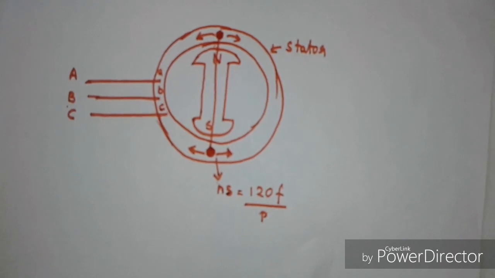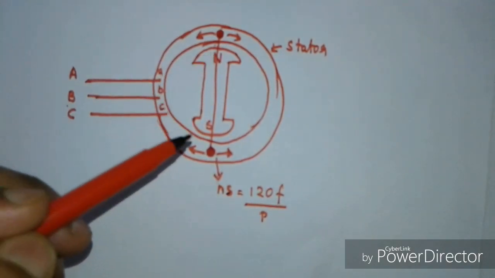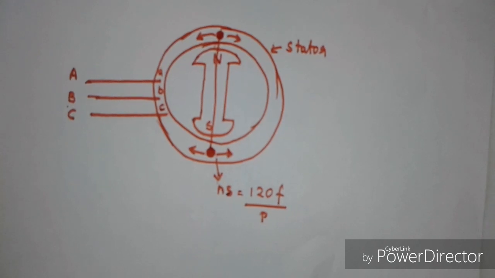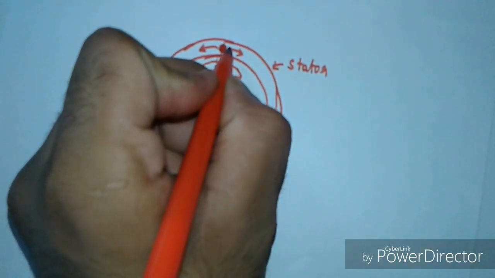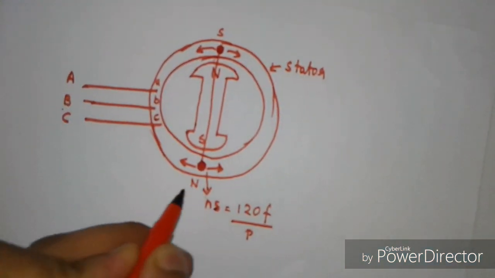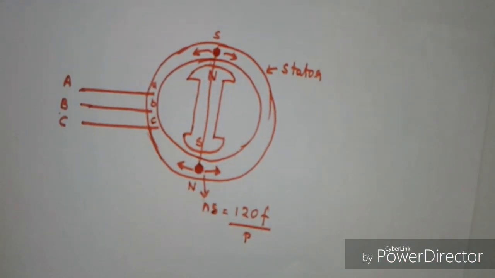What is different is the rotor. The rotor is a magnet which has a north pole and a south pole. So at the given instant, let us say this portion is south and this is north.